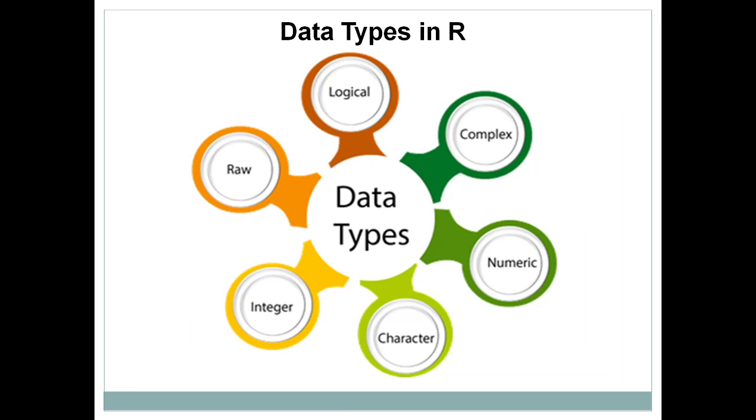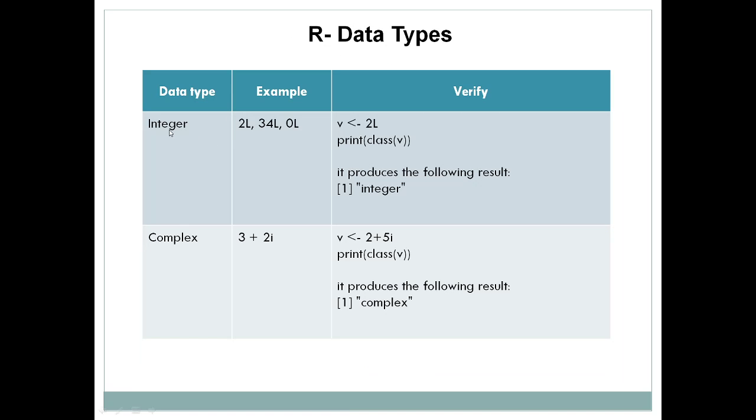So very first, integer. The first data type available in R is integer. So here suppose I assign this variable v is equal to 2L. Suppose I print the class of that, it shows me integer. So integer is one of the data types. Another data type is complex. Suppose I have this complex number, 2 plus 5i, so I can store it directly in a variable.